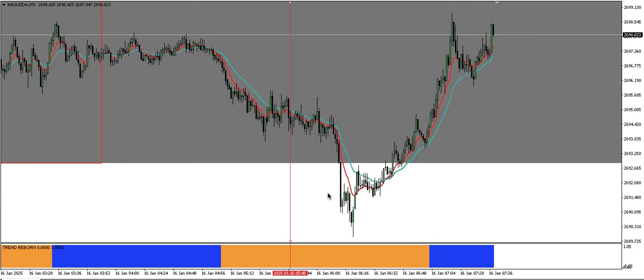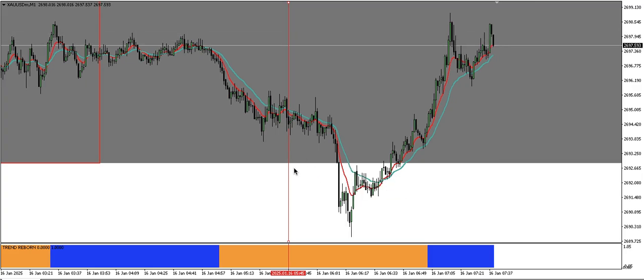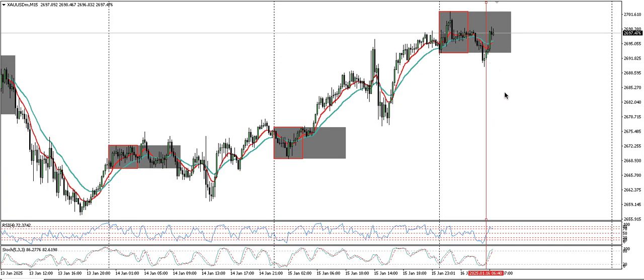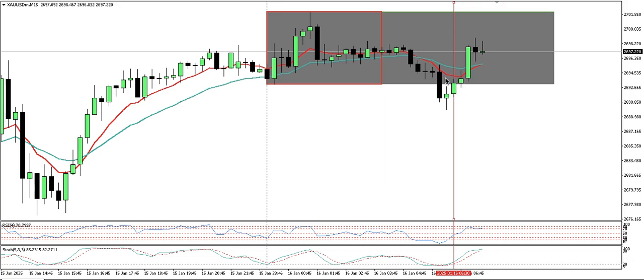On the 1 minute, I'm going to look for the EMA 9 to cross the 21. We have that somewhere here, so this is where I'm going to place my buy trade. If I'm looking for the EMA, it's going to be around here. But if I'm looking for the first candle, it's going to be around here, because this is the first bullish candle.